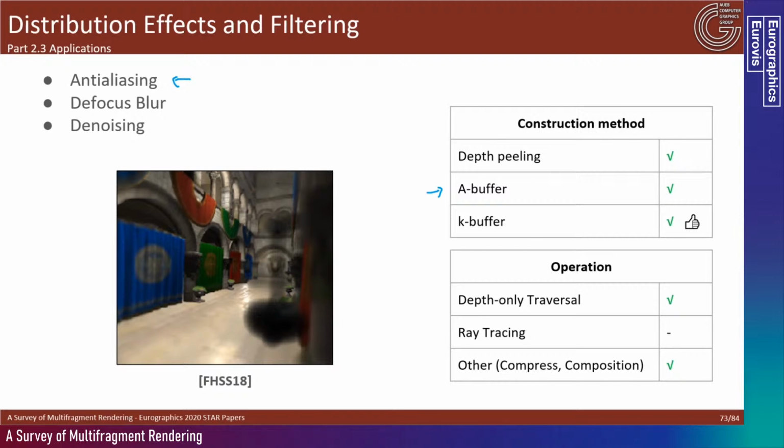For depth of field effects, critical information of out-of-focus objects resides on the hidden fragment layers, so MFR approaches are actually good candidates to produce highly convincing results.